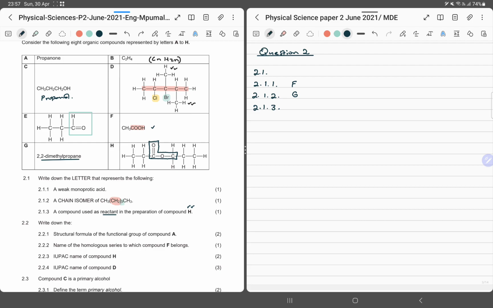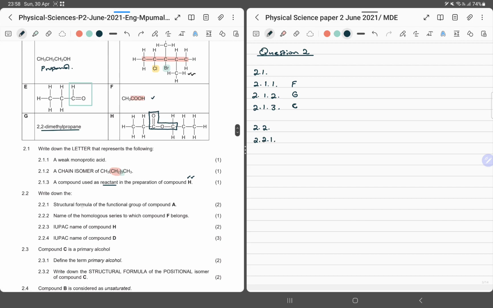So it's probably, we're going to use letter E here, because compound H is made from propanoic acid, and that is ethanoic acid. So it's essentially going to be compound C, because we can see there is a propyl group which comes from the alcohol. Okay, so we've got 2.2 to answer here.